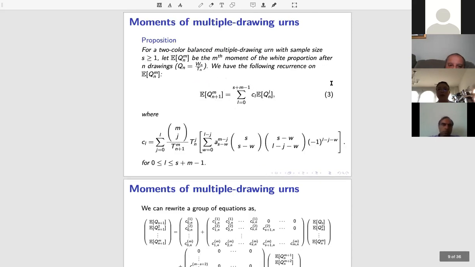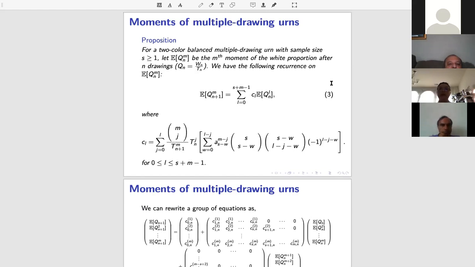In fact, we can prove that if we define Qn as the white proportion, which is Wn over Tn, where Tn is the total at time n, then the m-th moment of Qn+1 is a combination of the moments from the previous step, but the order will be from 0 to s+m-1.